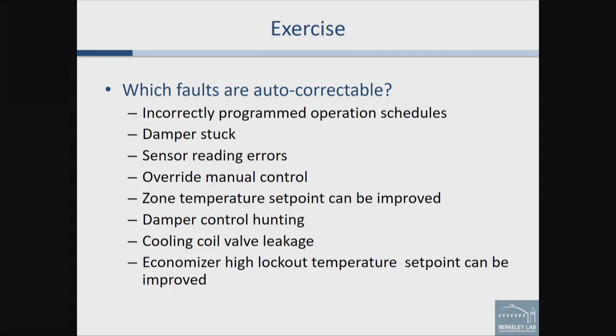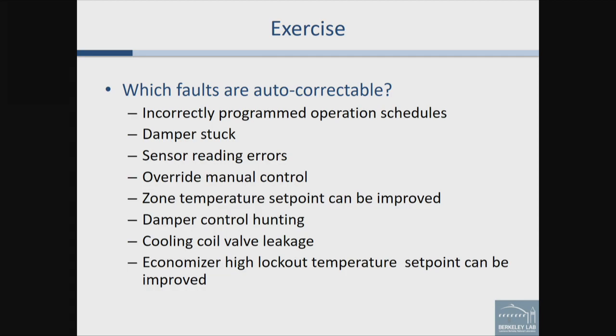So we are looking through a big list and checking one by one: okay, can this fault possibly be automatically corrected? So I list some examples here and want to do a quick exercise with you. Take a look at this list for a minute, and I will invite some of you to answer the question and tell us which faults in this list you think are auto-correctable.